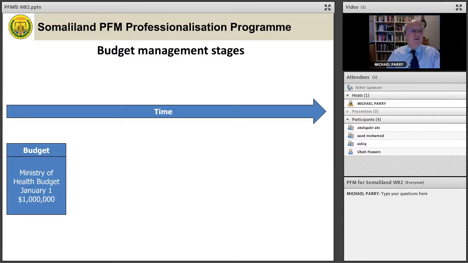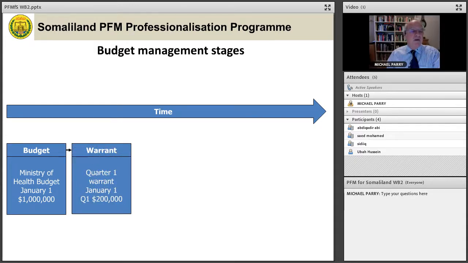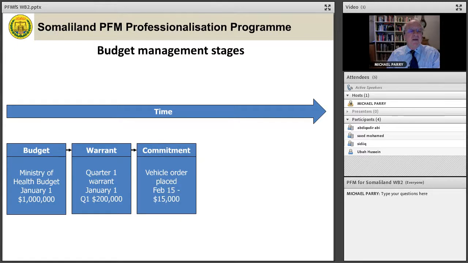Again, we'll stick with our Ministry of Health, budget of $1 million on the 1st of January, whichever year, of which $200,000 is warranted for quarter one. And the Ministry of Health then places an order for a new vehicle at a cost of $15,000 on the 15th of February.